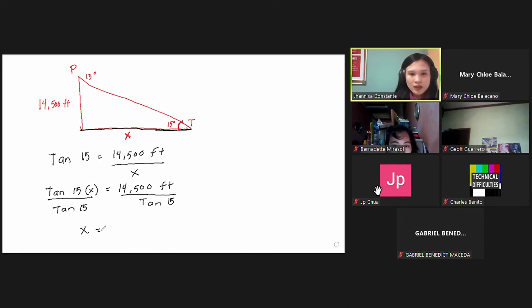So the distance between the plane and the tower is equal to 14,500 divided by tan 15, which is equal to 54,114.7 feet.